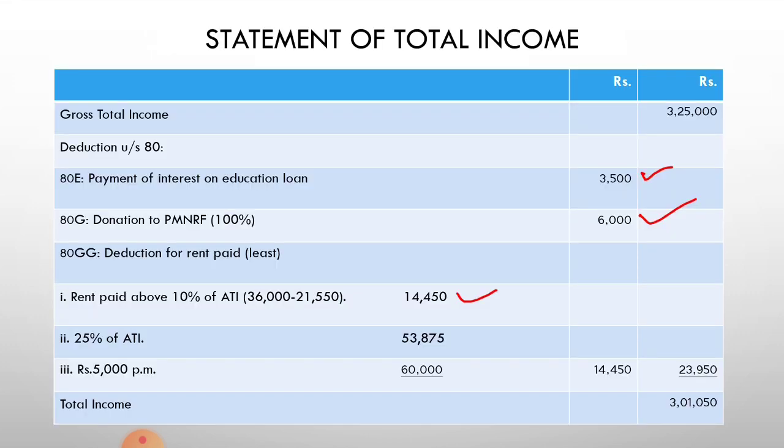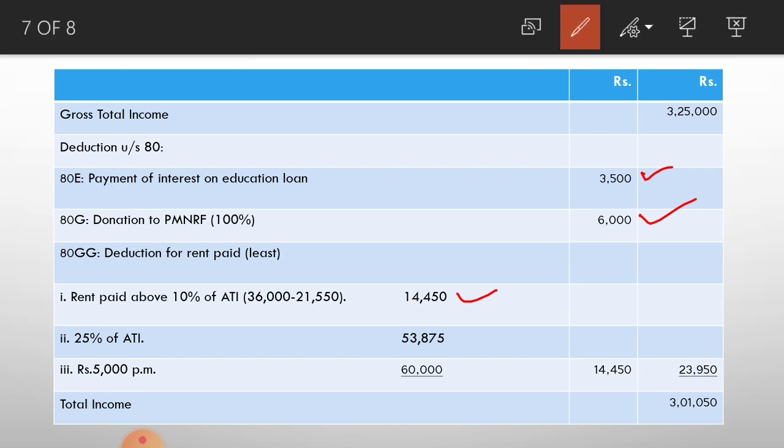So, 25% of 2,15,500 is 53,875, or 5,000 per month, that means 60,000 per annum. Whichever is less you have to consider. Here the least of the following is 14,500, you have to consider 14,500 here.